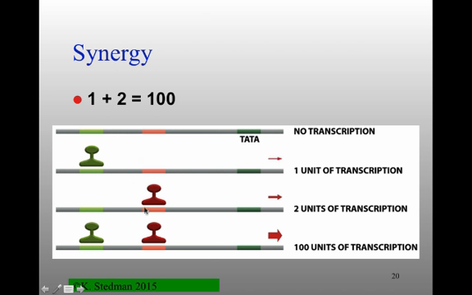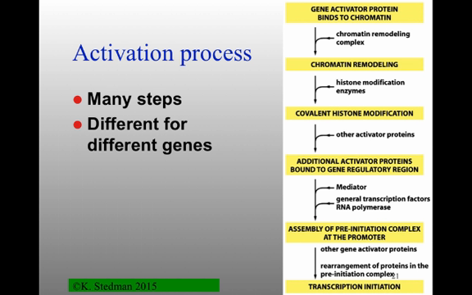And this is really what you see in terms of eukaryotic gene regulation. You have multiple proteins, and those proteins together are much more important and much more active than you would have with just a single one of these proteins alone.